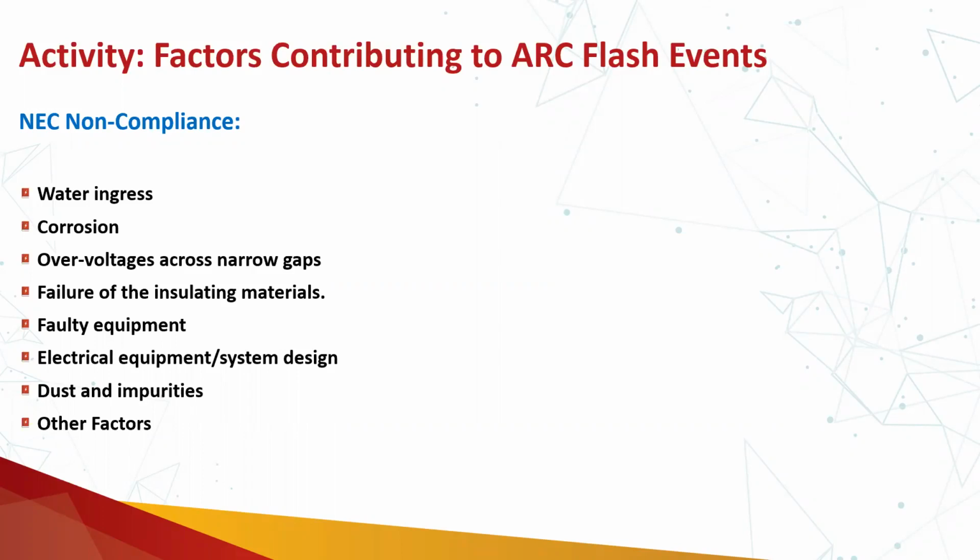Then overvoltage across narrow gaps: why was the equipment not designed with the right amount of gaps, and due to this reason it has resulted in flashover. Failing of the insulating material: why was the right amount of material not used, and that caused the insulation failure.